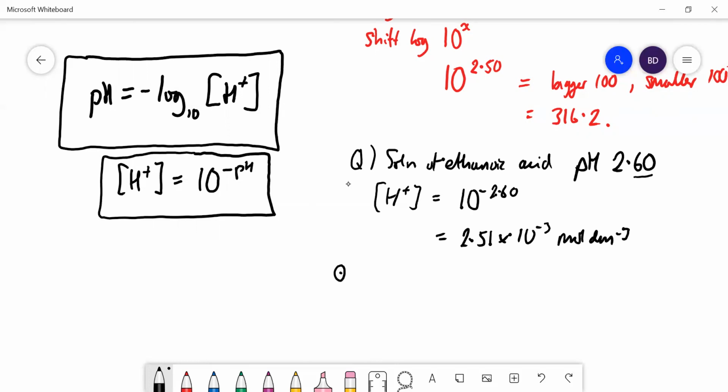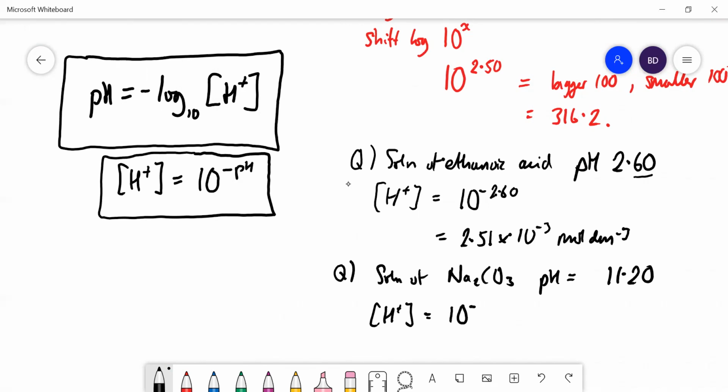Now say we've got a solution of sodium carbonate, and we find the pH of that is equal to 11.20. So what's the hydrogen ion concentration of that solution? It's going to be equal to 10 to the power of minus pH, so you do shift log minus 11.2.